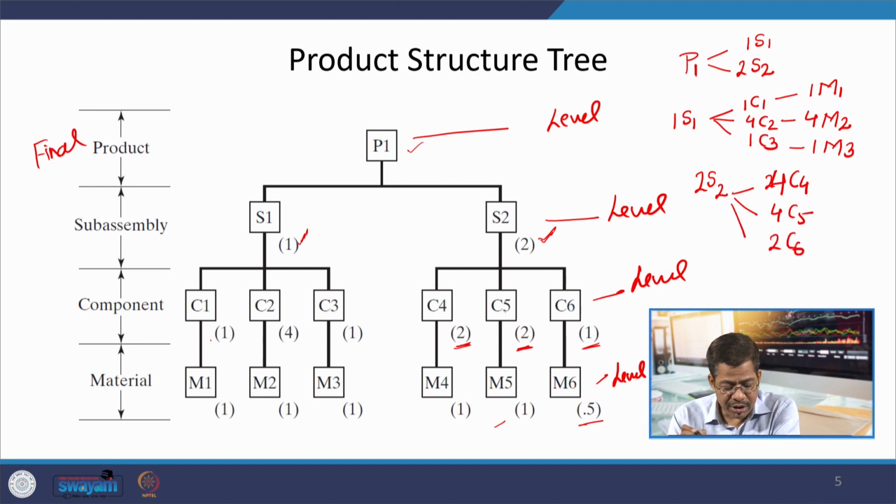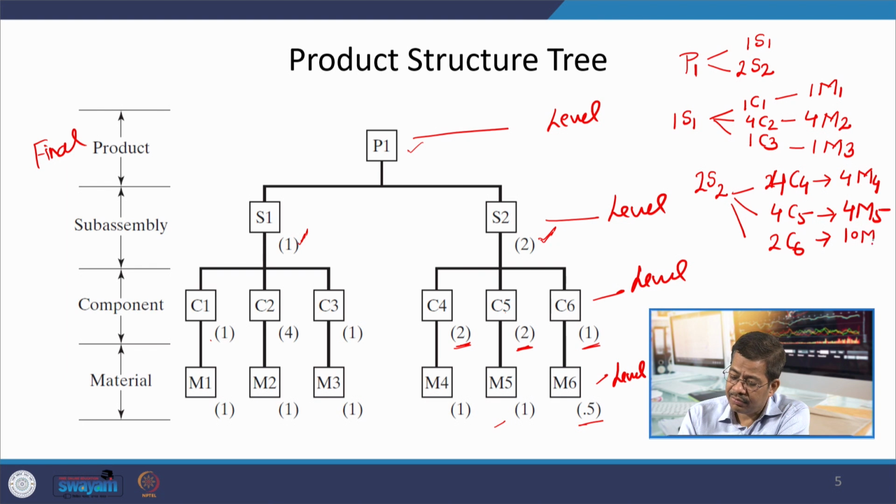Now, 1 C4 requires 1 M4. So, 4 C4 will require 4 M4. 1 C5 requires 1 M5. So, 4 C5 will require 4 M5 and 10 M6.